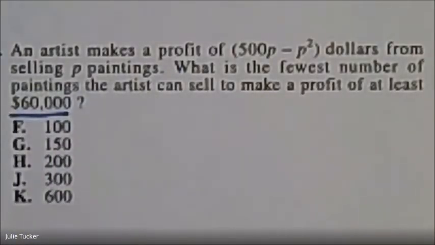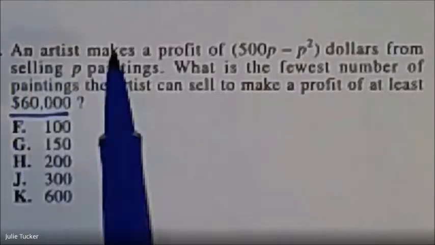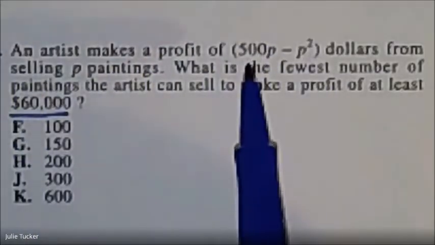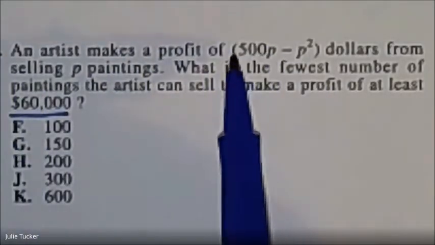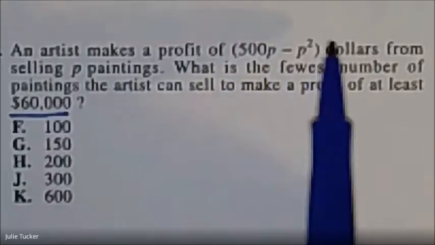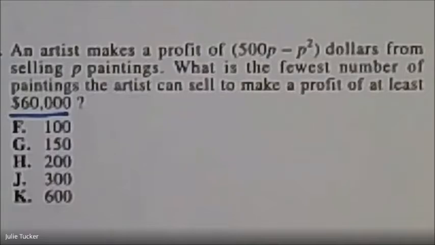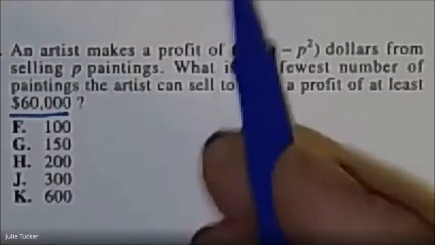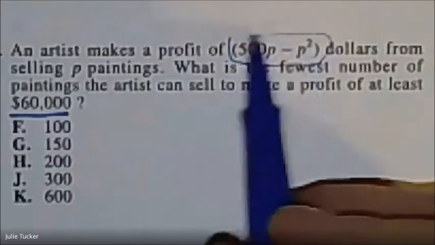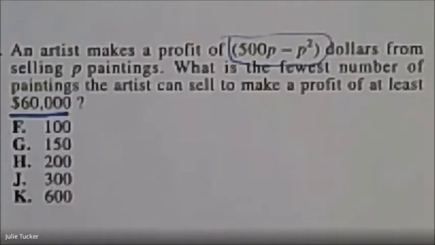We're going to go back and reread. An artist makes a profit of 500P minus P squared dollars by selling P paintings. So P stands for the paintings, but what's the profit? The profit is the whole equation. Yeah. Okay. So then what do I do?